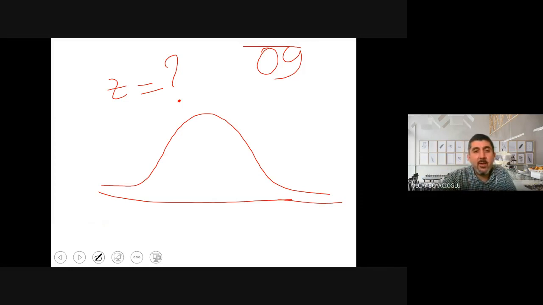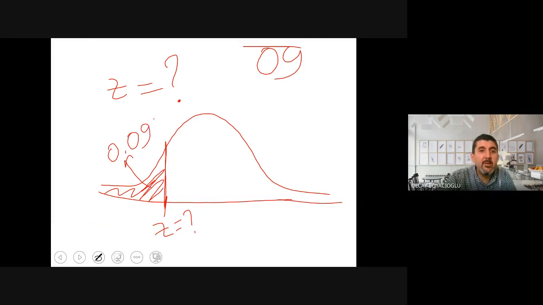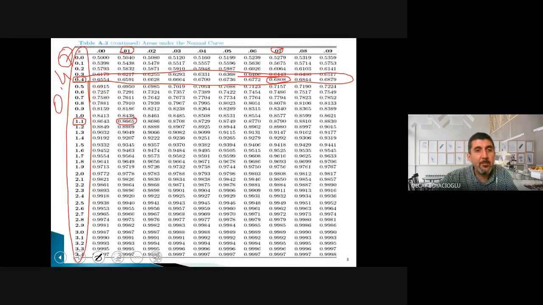What is the z value? I'm looking for the z value that will give me the area under the curve to the left of a value of 0.09. Well, if this is possible, of course. I'm looking for that z value. Now, let's go to the table again.